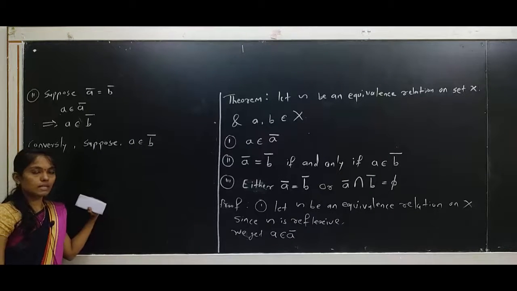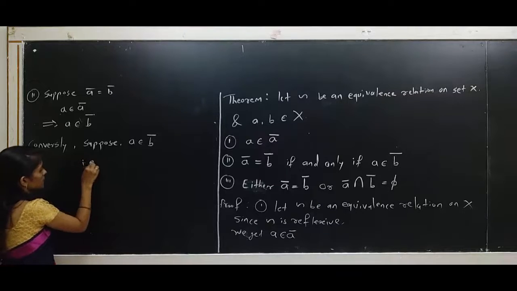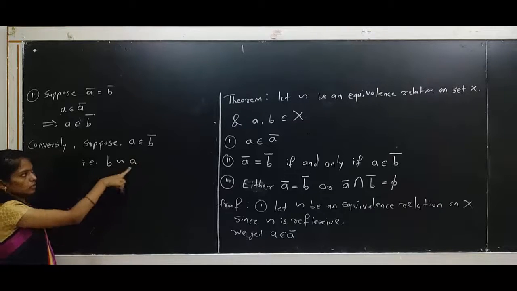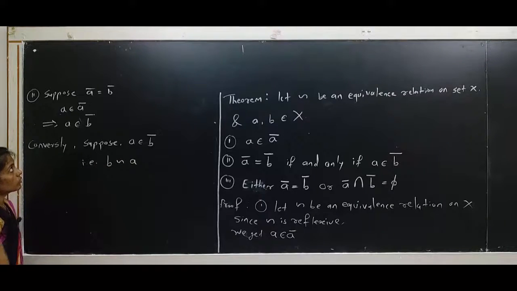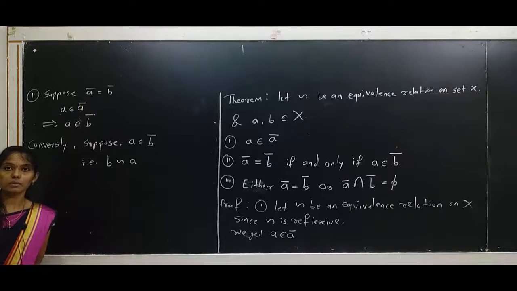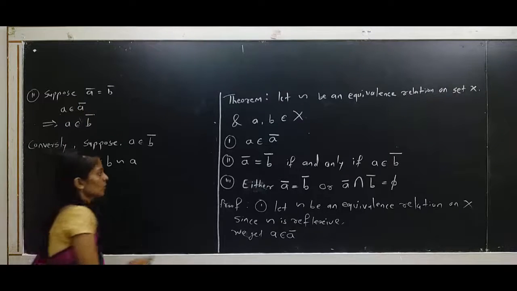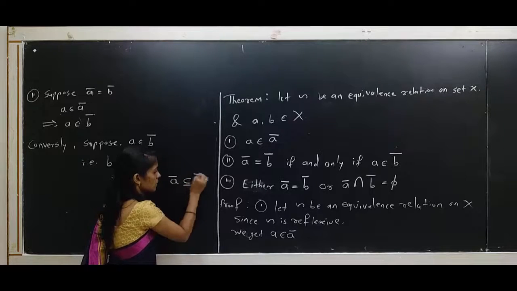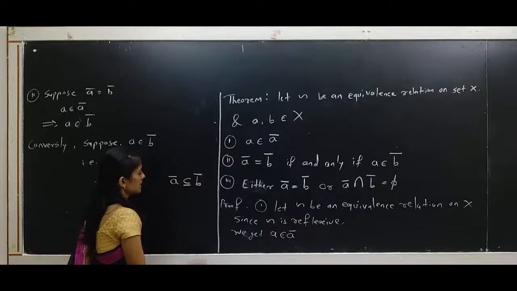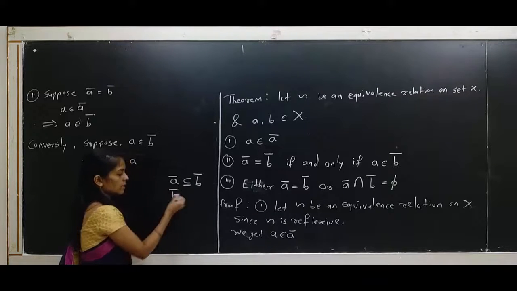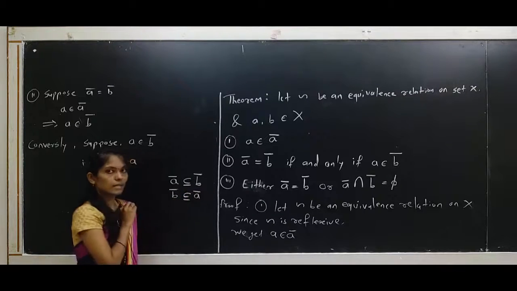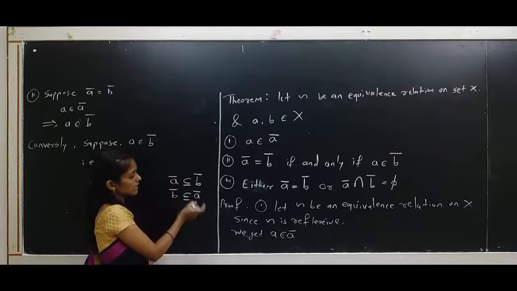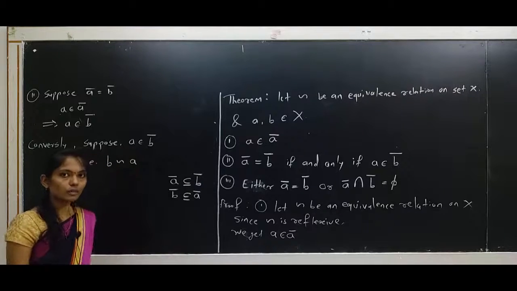A belongs to equivalence class of B, that is B related to A. Okay, so here B is related to A. Now here we want to show that equivalence class of A is equal to equivalence class of B. So first we want to prove that equivalence class of A is subset of equivalence class of B. Second, we want to prove that equivalence class of B is subset of equivalence class of A. And by using these two results, we get equivalence class of A equals equivalence class of B.